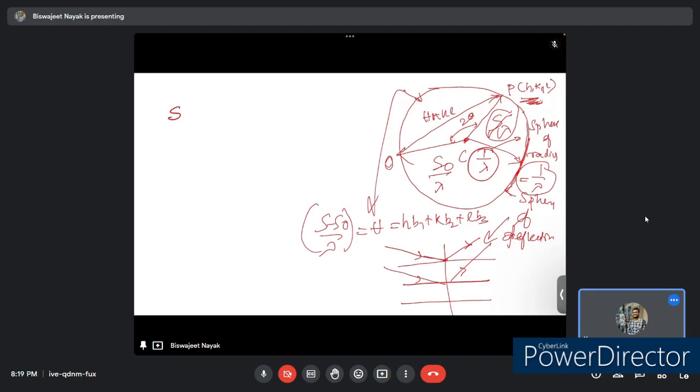And when this condition is fulfilled, this vector OP, which is equal to HKL, and S minus S0 by lambda, hence we can say they satisfy this equation.